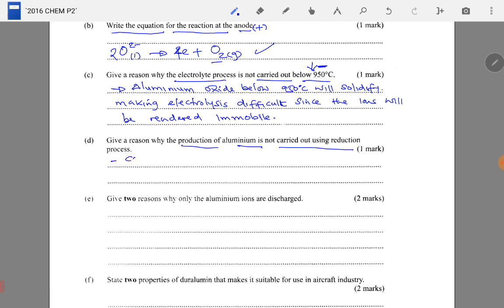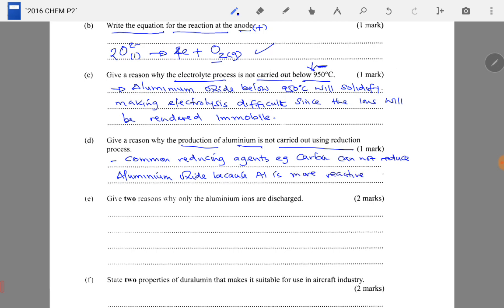The reason is because common reducing agents, e.g. carbon, cannot reduce aluminium because aluminium is more reactive than carbon.